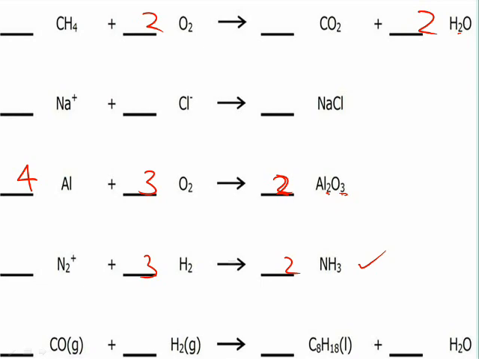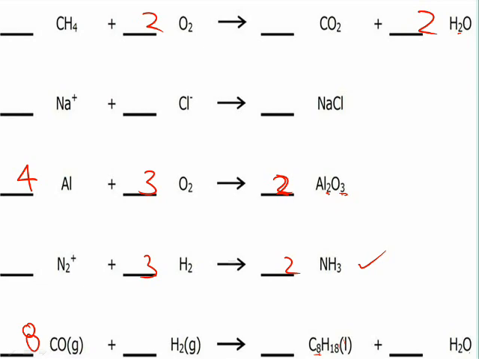Carbon monoxide. So 1 carbon, 2 hydrogens. There's 8 carbons here. 1 oxygen, 1 oxygen. 20 hydrogens on this side. So let's just try with the carbons.